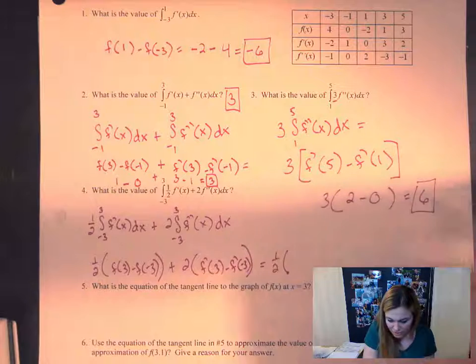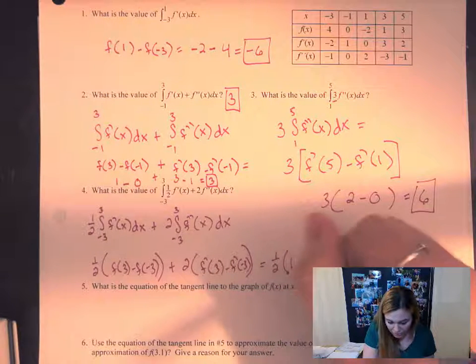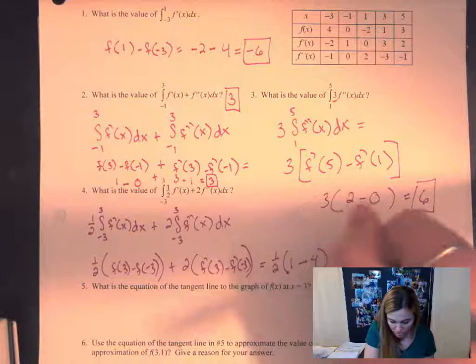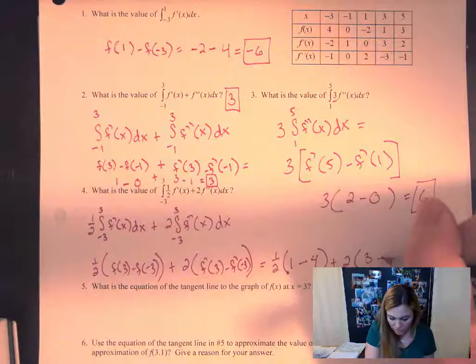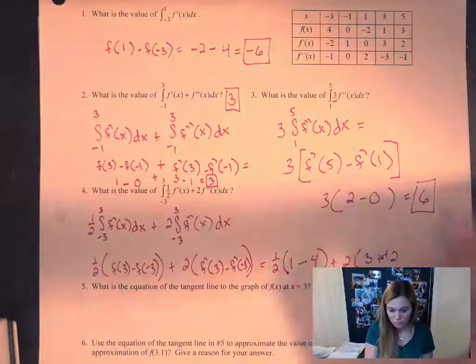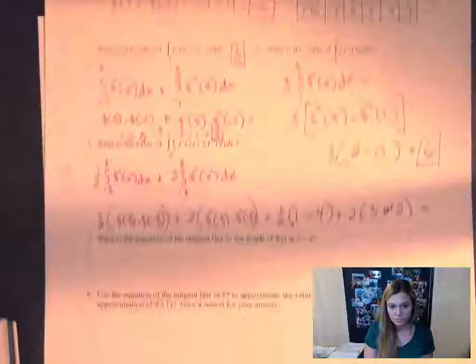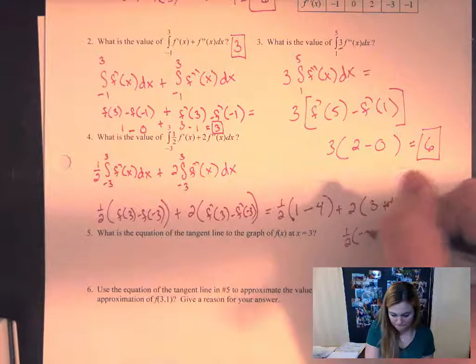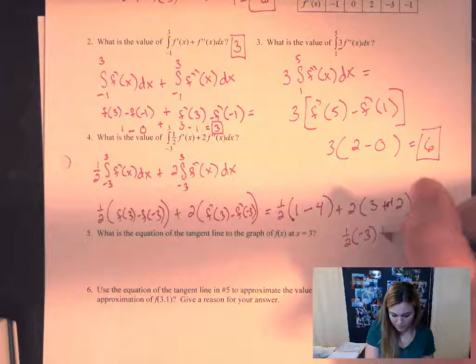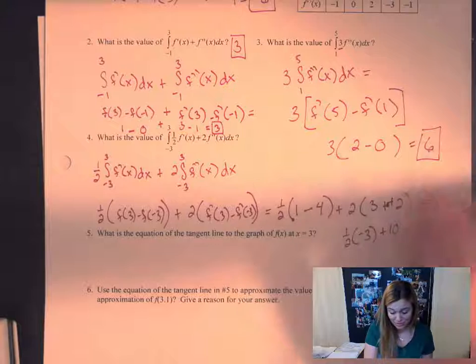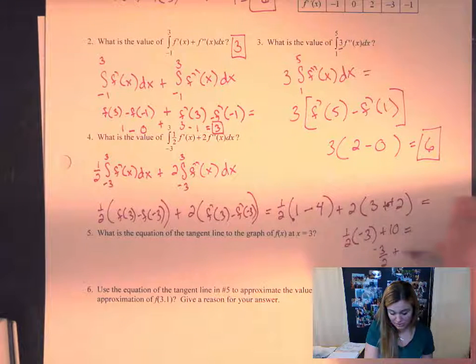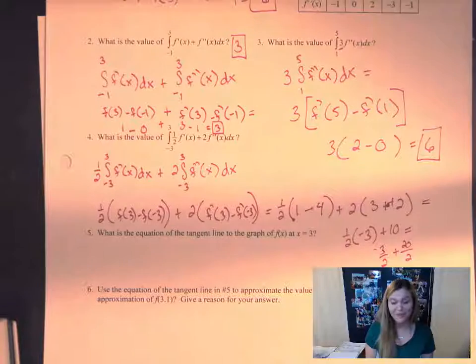f of 3, got 1 minus 4. Prime of 3. That was minus -2. -3/10 plus, or 2 plus, there we go.